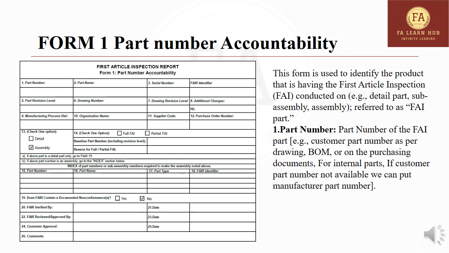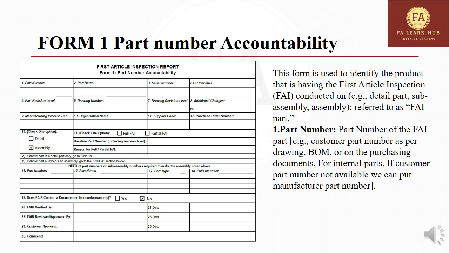So that means this form will give the part number accountability: whatever part number is expected from the customer or the design agency, that was followed. The part number and drawing traceability will be ensured by using Form 1. So here I will explain each field, how to fill each field in Form 1.